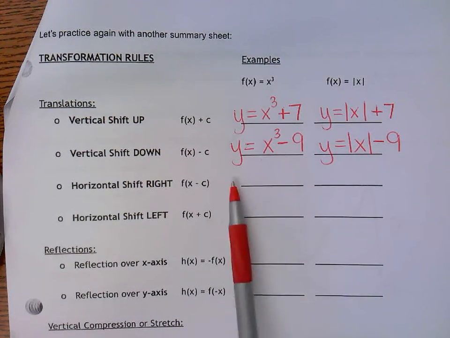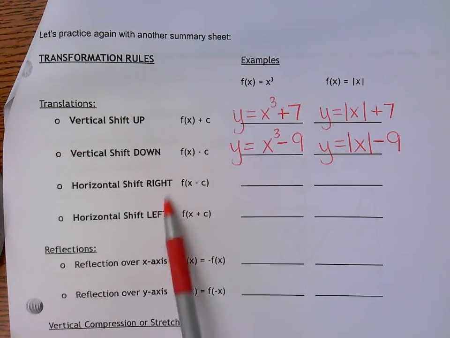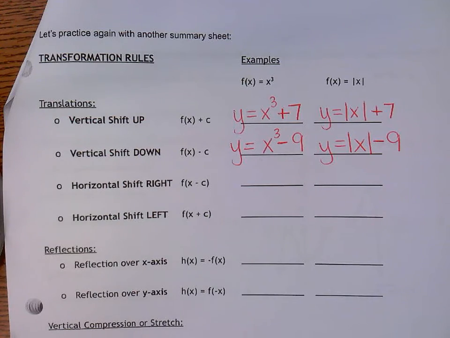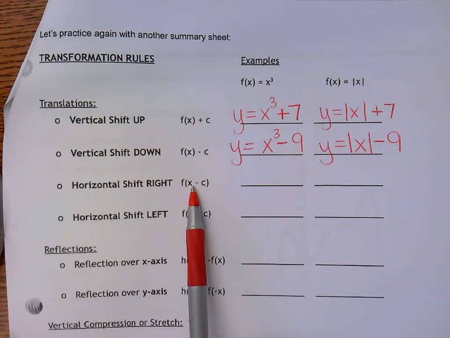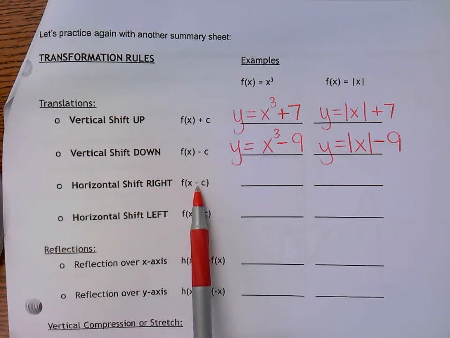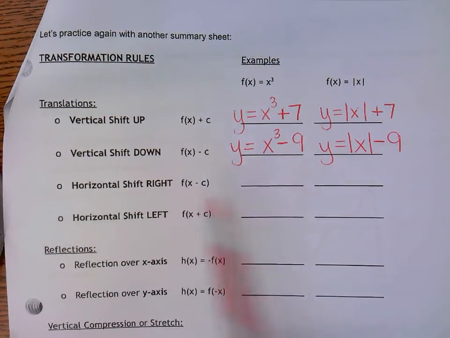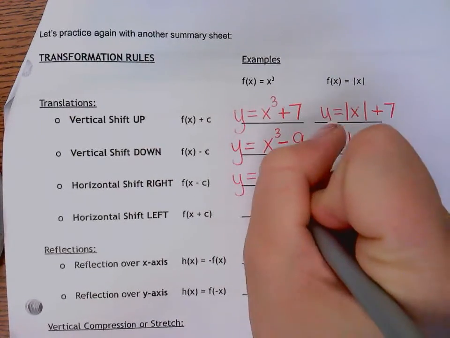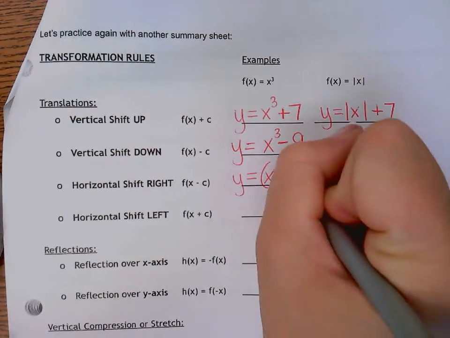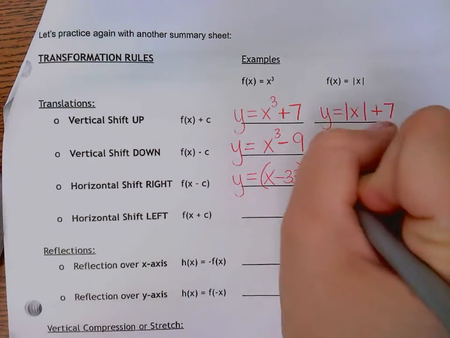And then right and left is inside the parentheses, and I told you it's kind of backwards from what you think it means. To go to the right, we actually have to subtract a number. Remy, what's your number in sports? What is it? 33. So we're going to go right 33. So y equals parentheses x minus 33 cubed.